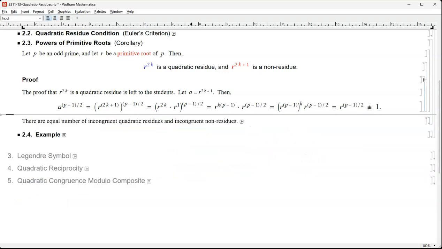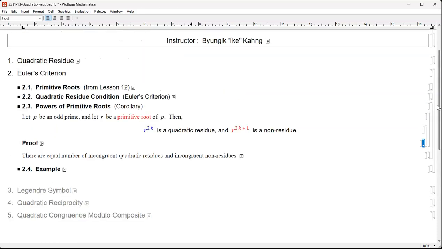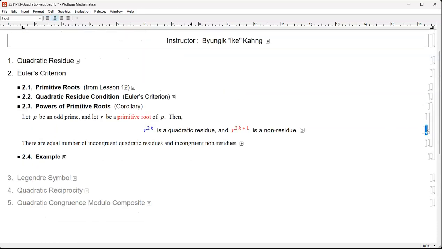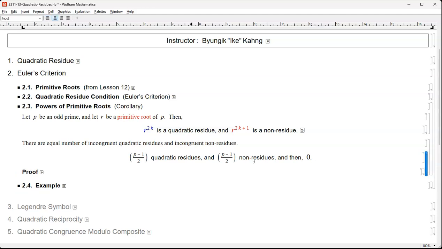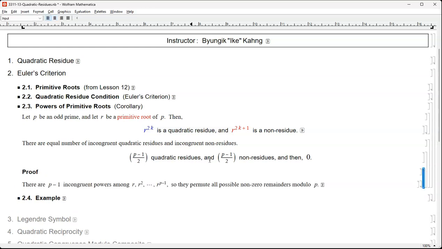So it's not 1, so it has to be a quadratic non-residue. So what did you get? Even power, quadratic residue. Odd power, quadratic non-residue. And consequently, we have to have an equal number of quadratic residues and quadratic non-residues here.